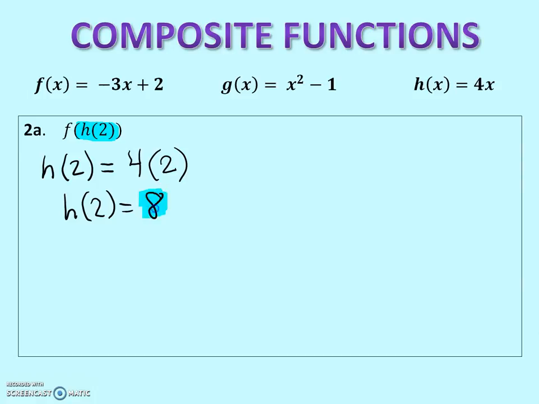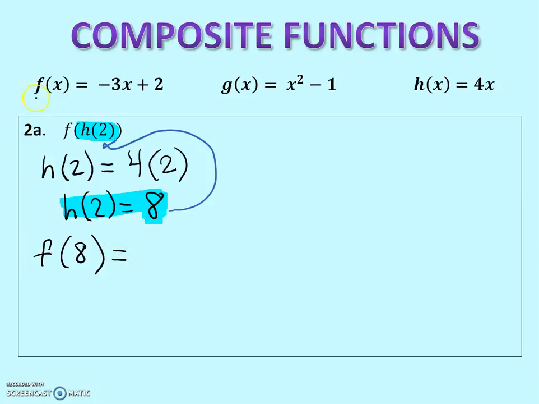Okay? So now that we know an actual value for h of 2, we're going to take that and plug that in for h of 2 since we just got it. So now we're rewriting this as f of 8. You see that? We're just replacing that h of 2.